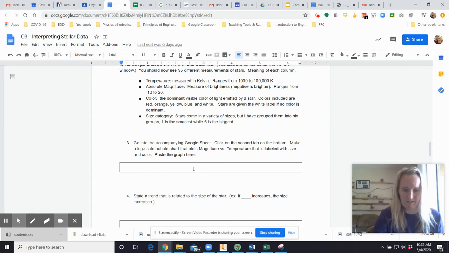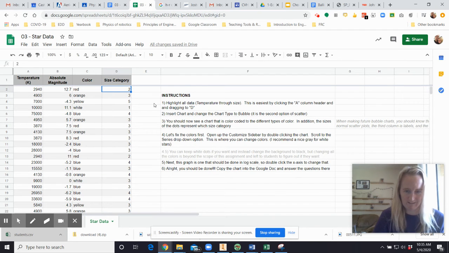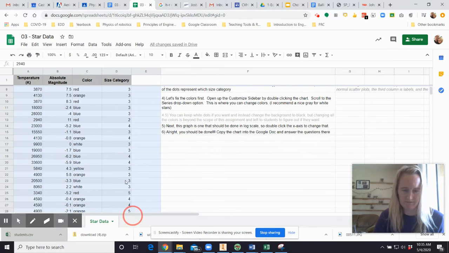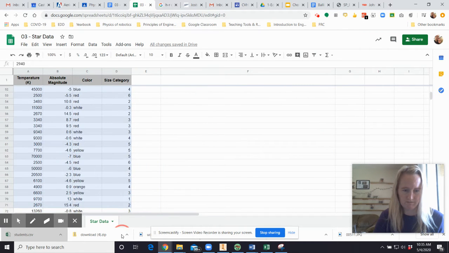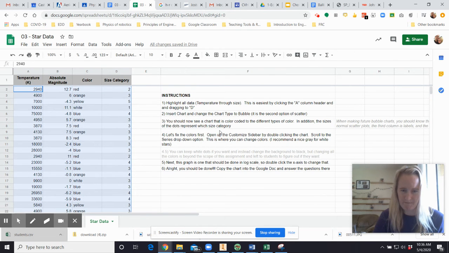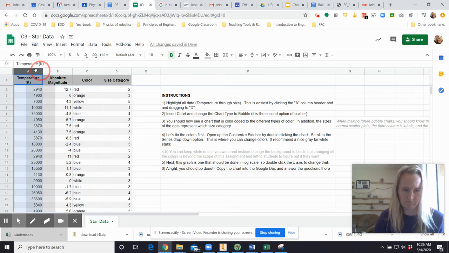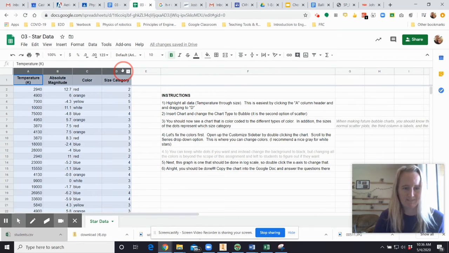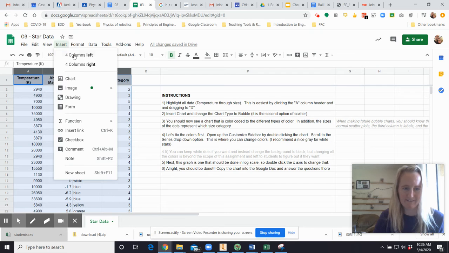Go into the accompanying Google Sheet and click on the second tab and make a log scale bubble chart that plots magnitude versus temperature with size and color. So highlight them all and say insert chart.